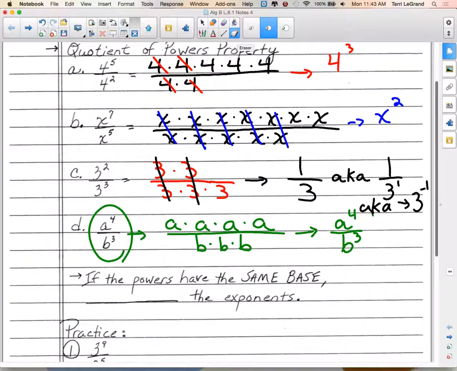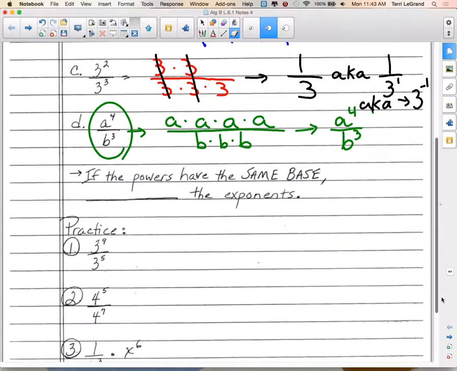This made matters worse. So guess what? If the bases aren't the same, we're not going to be able to apply that little shortcut we discovered along the way, are we? The bases have to be the same. So if the powers have the same base, then we can subtract the exponents.